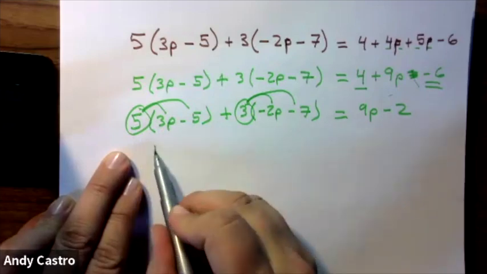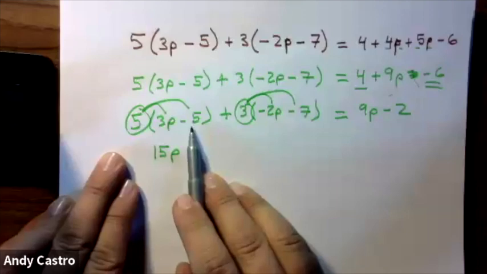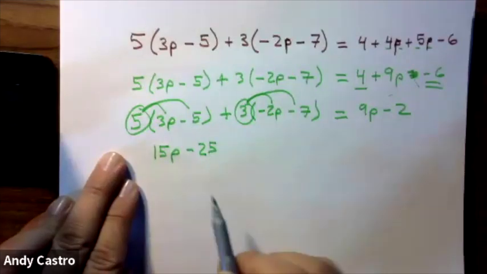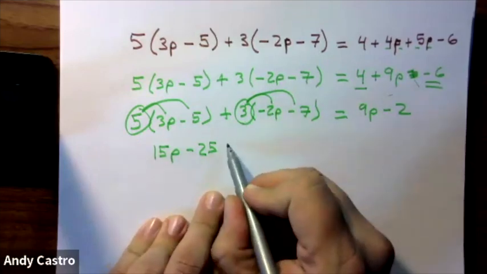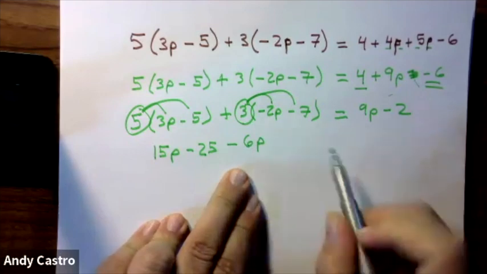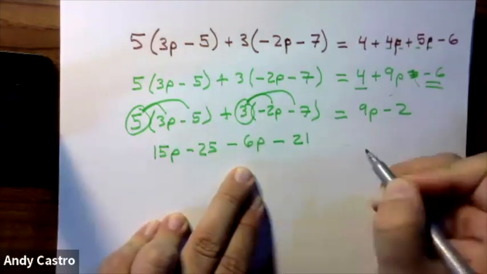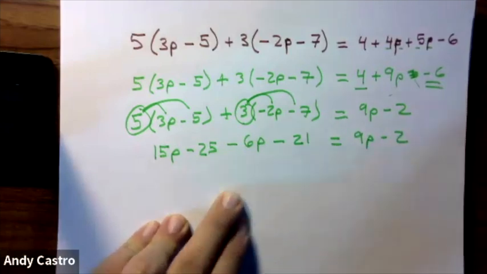5 times 3p is 15p. 5 times negative 5 is negative 25. Then here we have 3 times negative 2. That's negative 6p. 3 times negative 7. That's negative 21. All right.